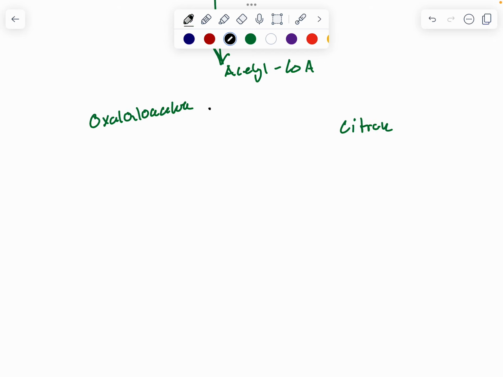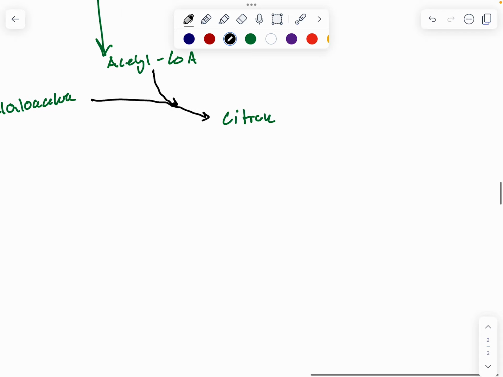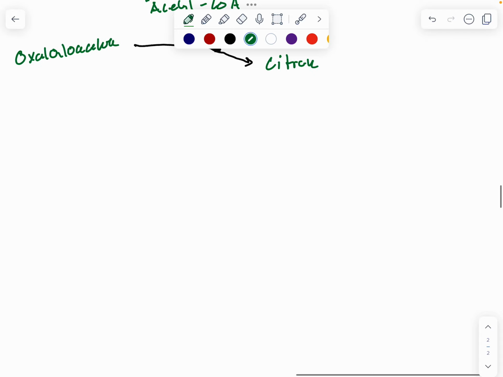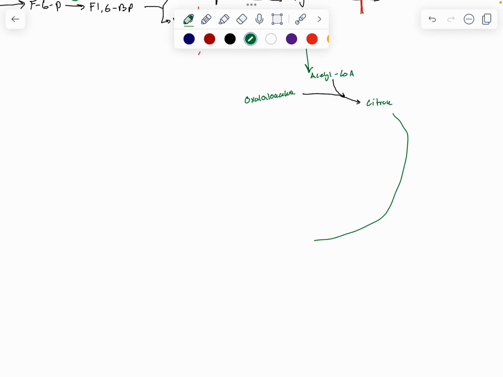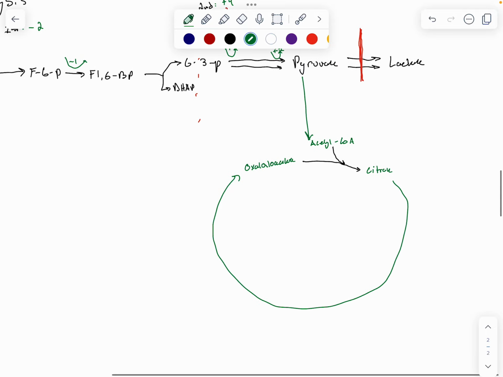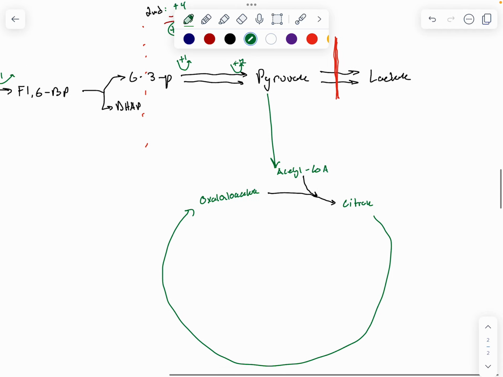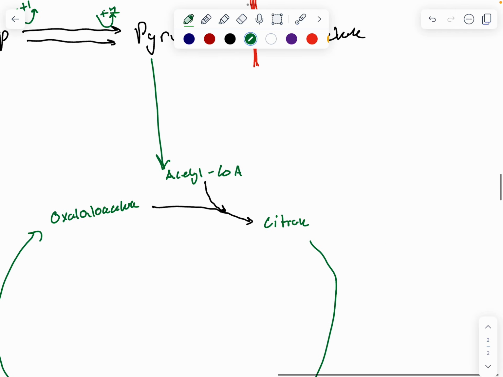And again, if we remember, citrate is made from the combination of acetyl CoA and oxaloacetate, and then eventually citrate will go through all these different processes in the TCA cycle and generate a ton of energy for our body. But let's not get too ahead of ourselves.